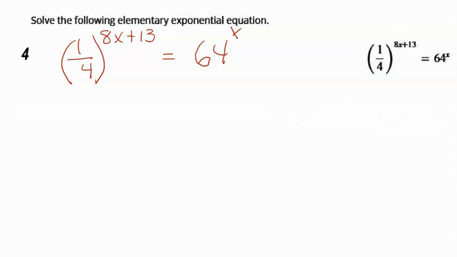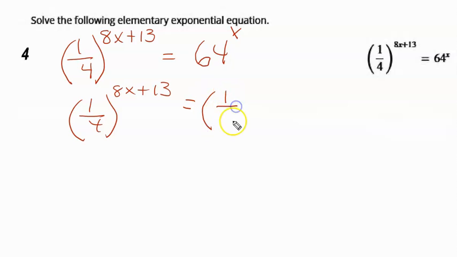Now, the second step is to get your bases somehow the same. So here our base is going to be 1/4. This is already in its basic form. And now we have to change this 64 so that it gets into the base form of 1/4.